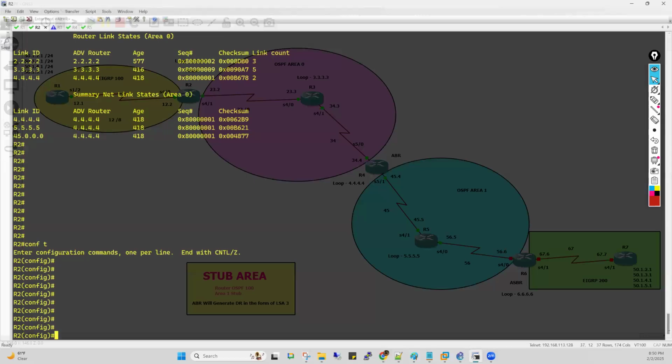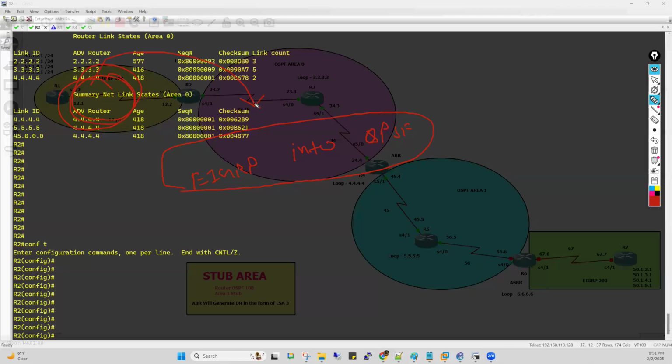The command is, first, we are redistributing EIGRP into OSPF. Are you understanding? Yes or no? What we are doing is advertising all the EIGRP information into OSPF. Done, guys? See here. What is the command?